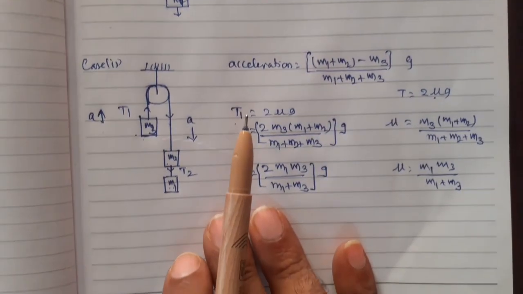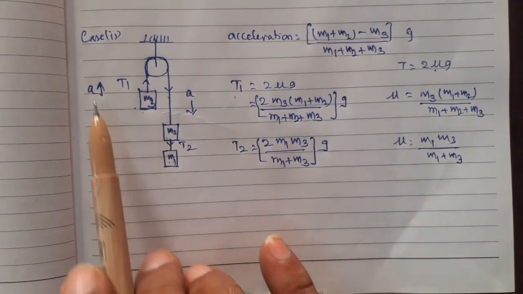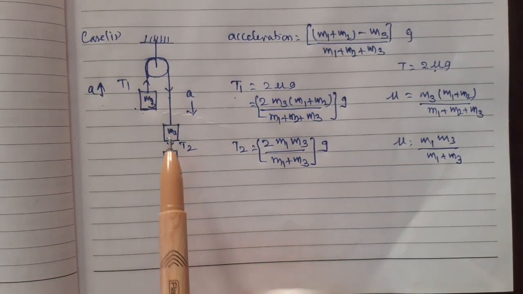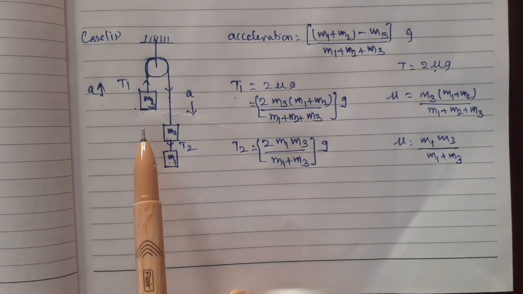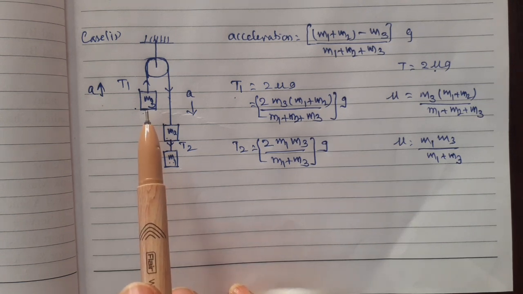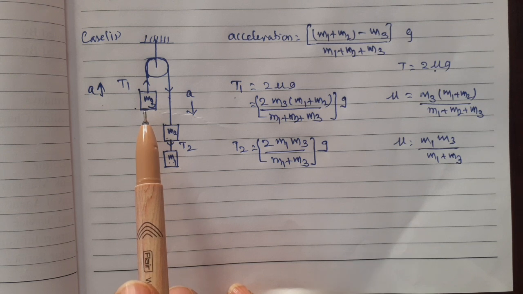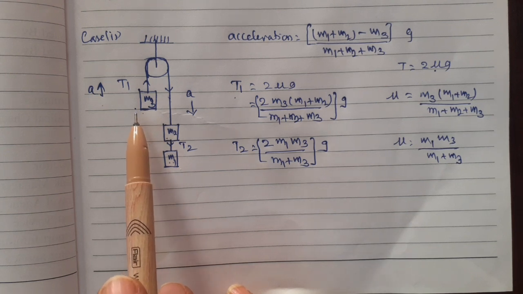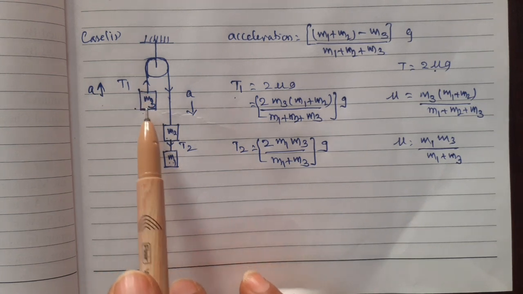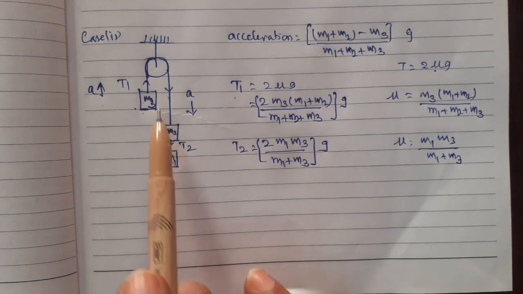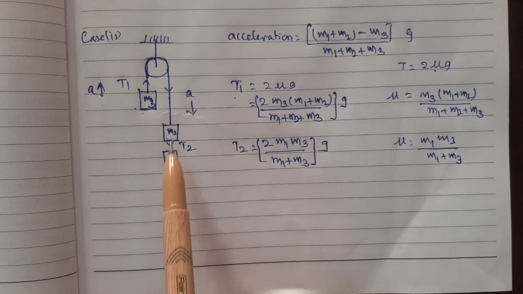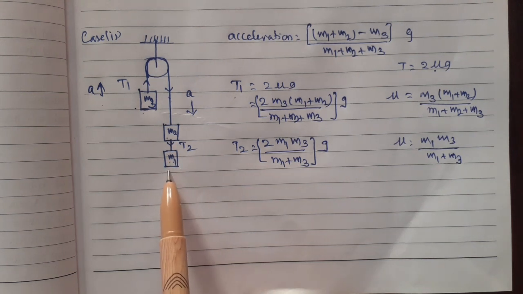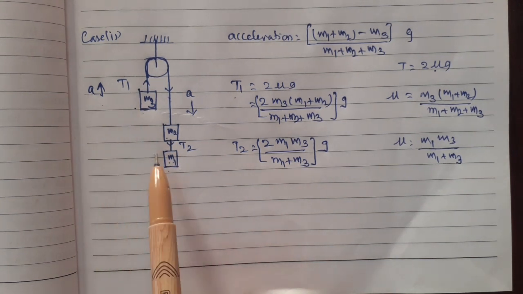Now case 2. The condition is like this. Here the two bodies m1 and m2 are connected on one side of the pulley, and the third mass m3 is connected to the other side of the pulley. These m1, m2 and m3 are connected by strings, and m1 is connected to m2 by another string. Therefore the tensions are different.